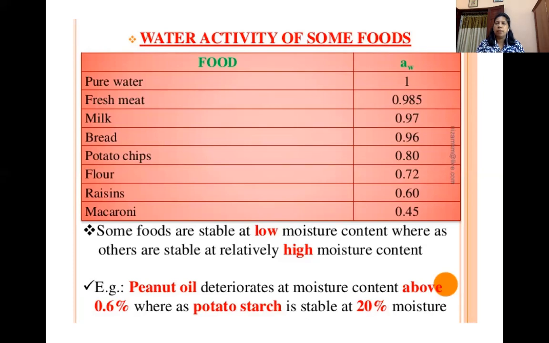Peanut oil is an oil. But when the moisture content is higher than 0.6%, which is less than 1 even, you can't keep it because the deterioration goes on. But in the case of potato starch, it's stable at even 20% moisture. So what is the situation?